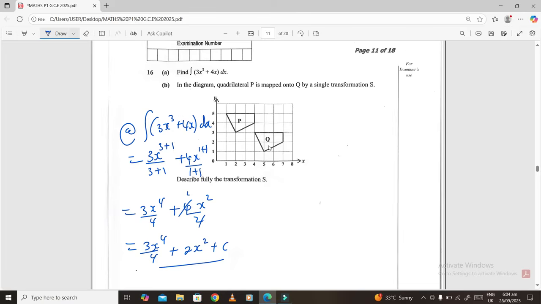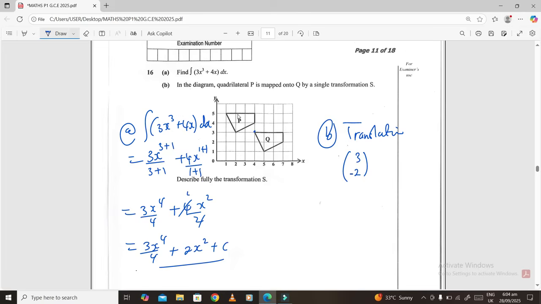For question B, this is translation. You can also write the vector of translation, which is (3, -2). So this side it has moved 0, 1, 2, 3, because this point is right here.